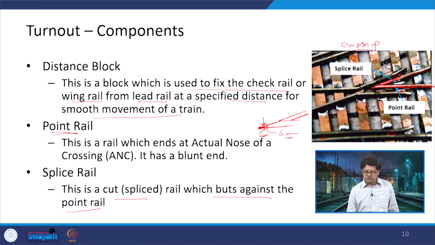Now, the nose which otherwise comes up to this point becomes the theoretical nose of crossing, but when it is cut, it becomes the actual nose of crossing. So, there is a slight distance between the actual nose of crossing and the theoretical nose of crossing.